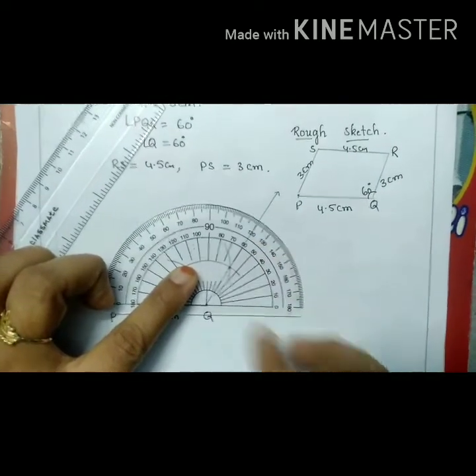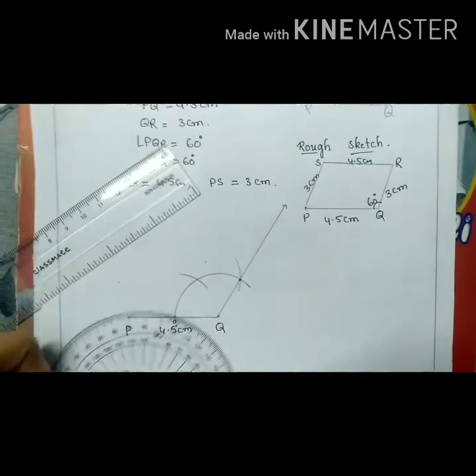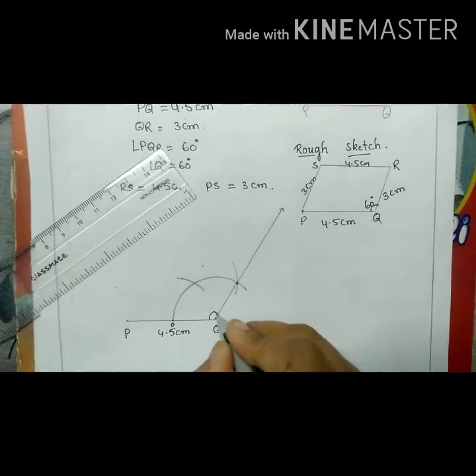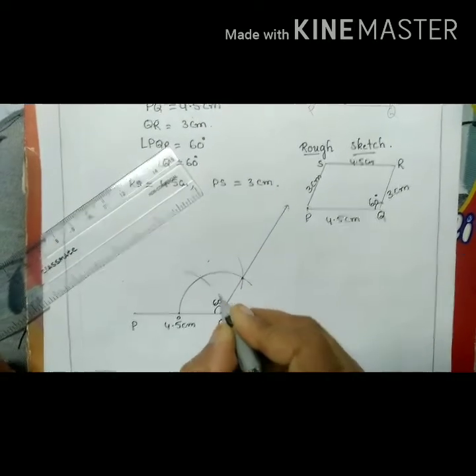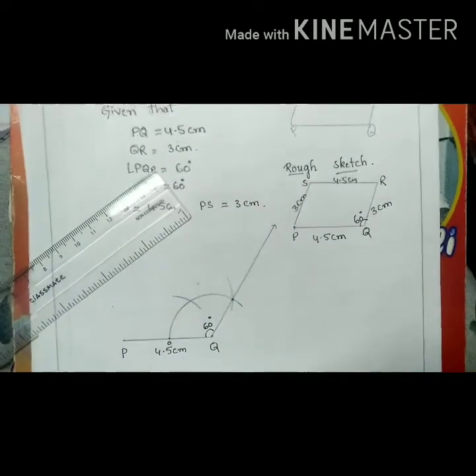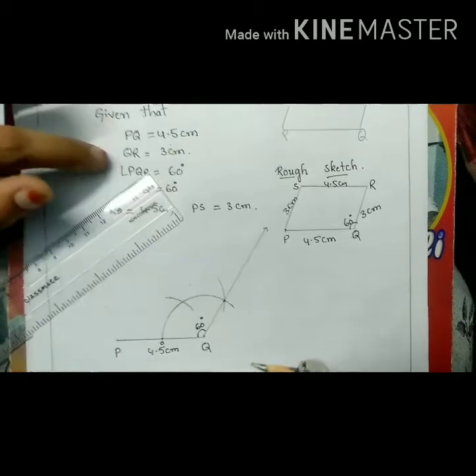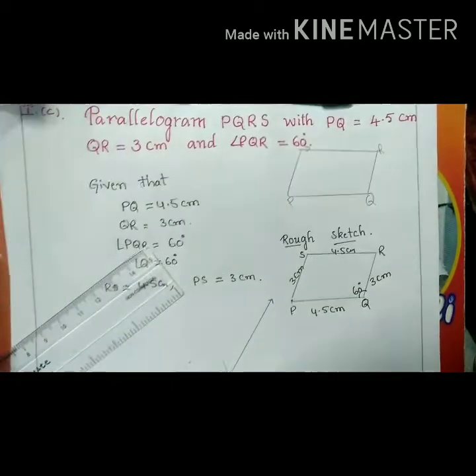Did you understand, children? Okay, so keep angle Q equal to 60 degrees. Already the dimension of QR is equal to 3 centimeters.